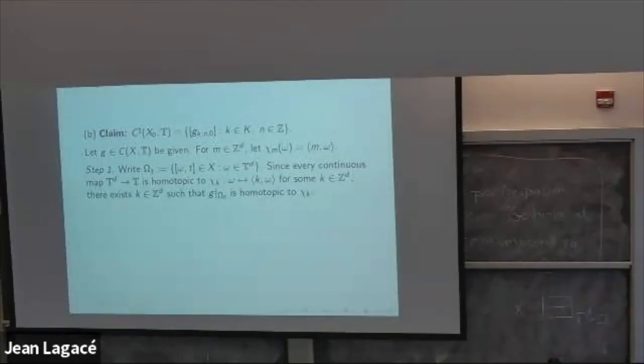So you take the slices, you find a character to which it's homotopic, but then the character has to vary homotopically, and therefore it's the same k for all, and this is how you choose k. So you have your continuous function on the whole thing, and there's one k, and you can find it after homotoping any slice to a character. That will be the k that you use.